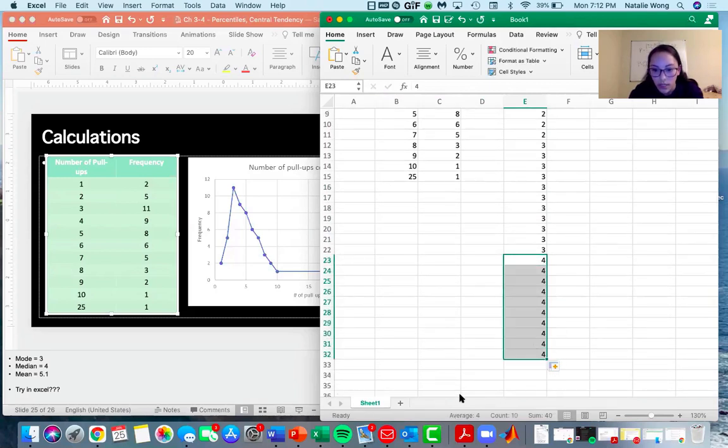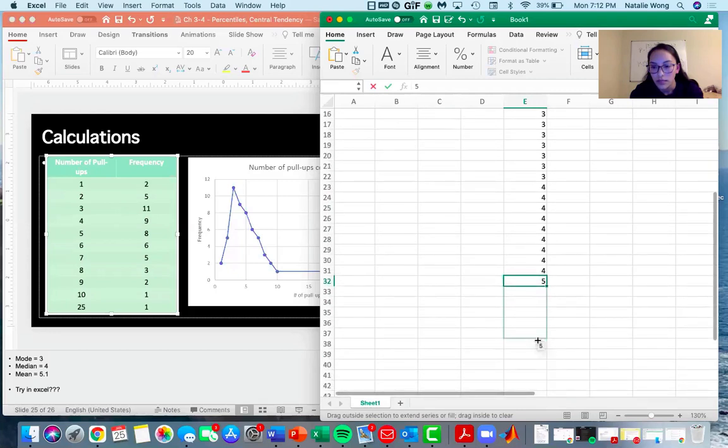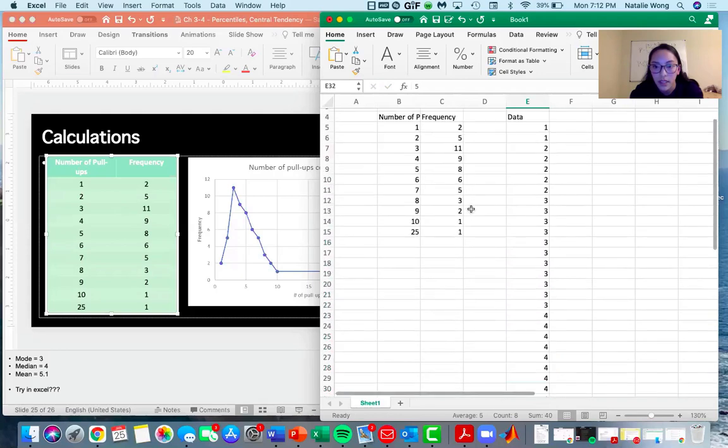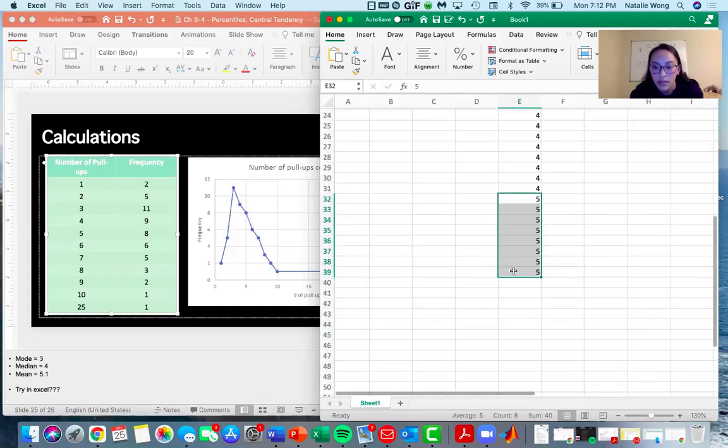Wait, my Zoom thing is in the way. I need to move it. I made one too many. Okay. And then 5 shows up 8 times. I need 2 more. Okay. And then 6 shows up 6 times. Right?